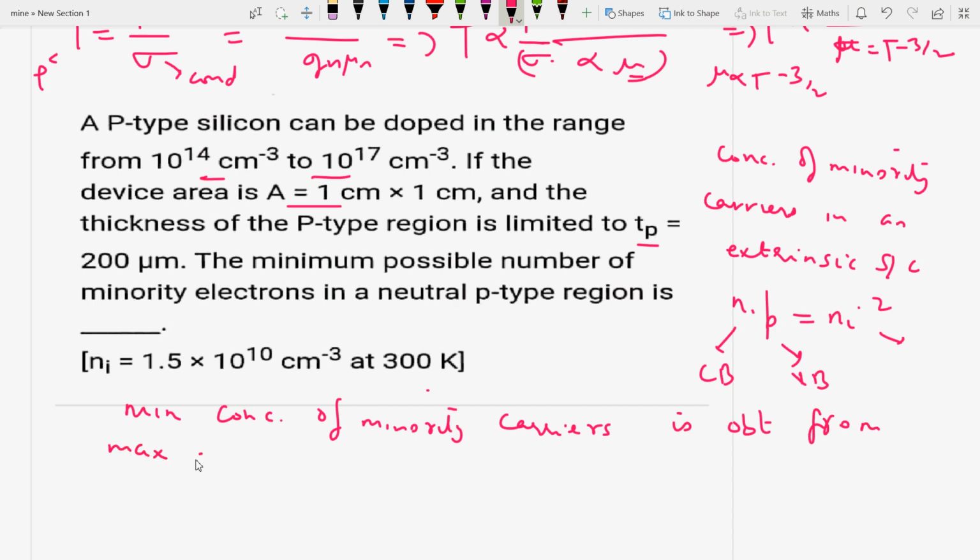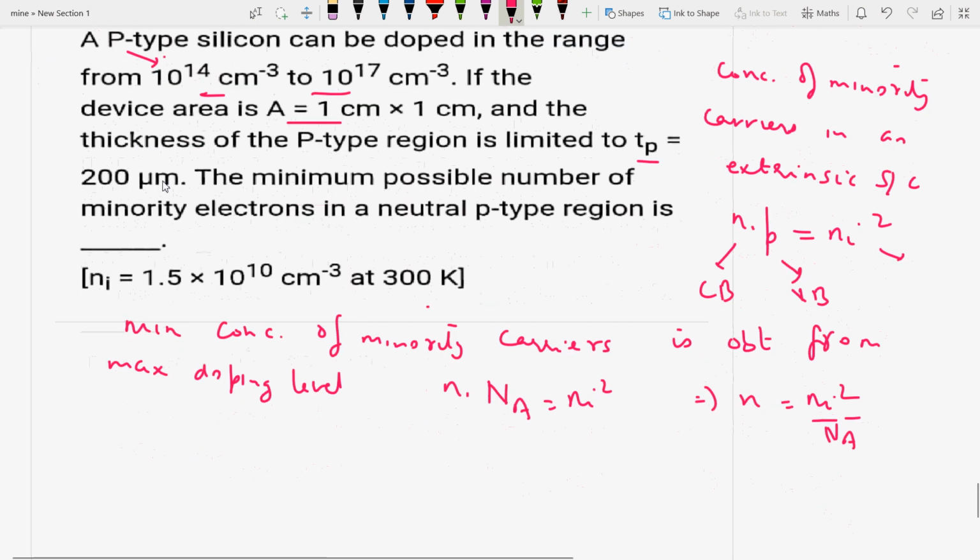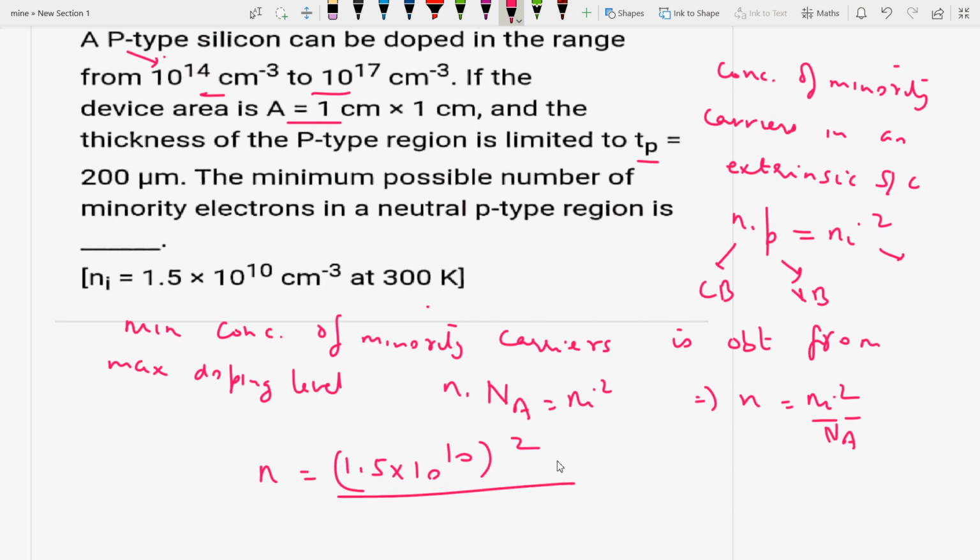You know that n times Na is equal to ni square, which implies n is equal to ni square by Na. Now ni is given as 1.5 into 10 to the power 10, whole square, divided by Na, which is 10 to the power 17 per centimeter cube. When you solve it, you get 2250 per centimeter cube, so you can write it as 2.25 into 10 to the power 9 per meter cube.